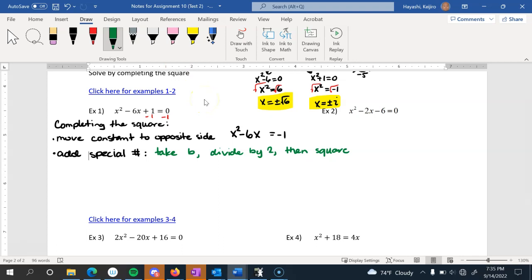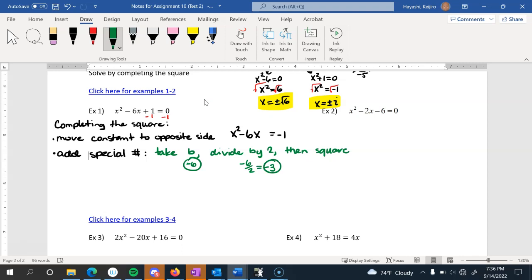So what is b in this problem? It's that negative 6 that's right there. So b is negative 6. If we divide it by 2, what do we get? Negative 3.